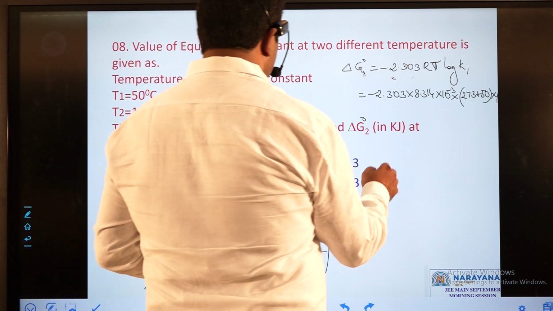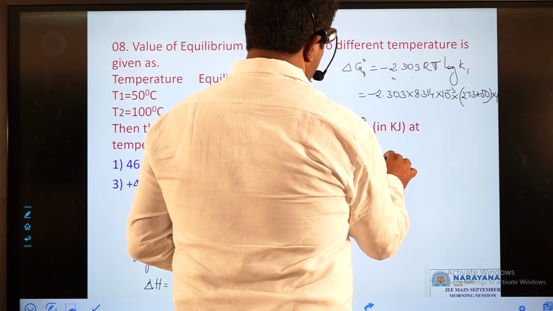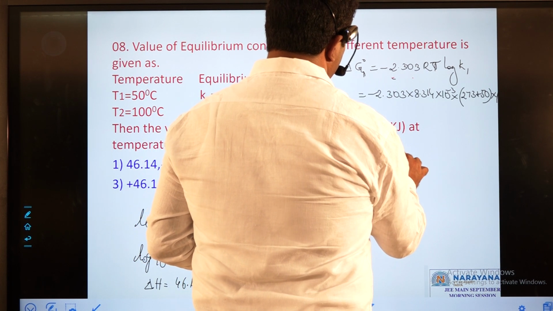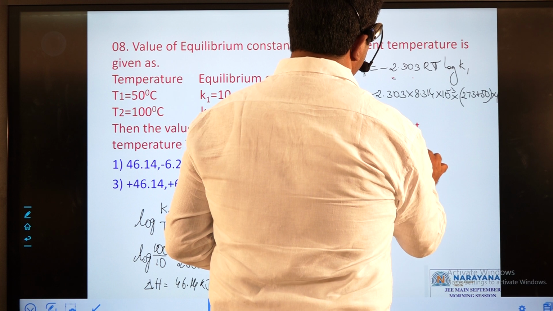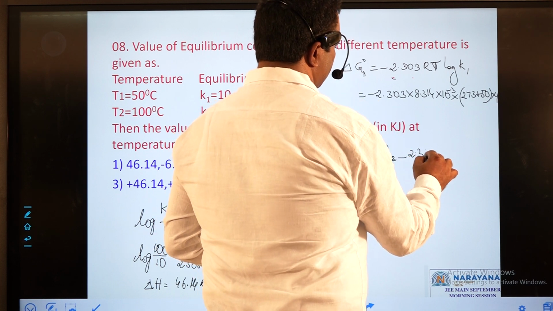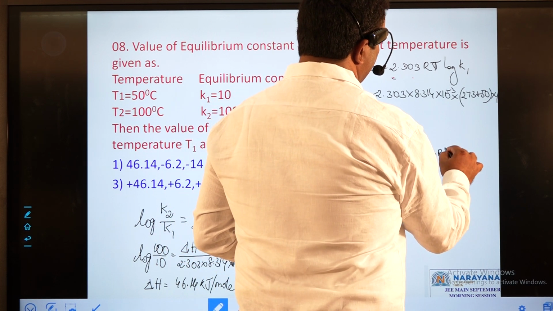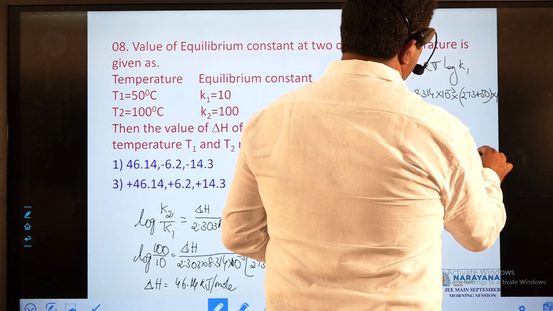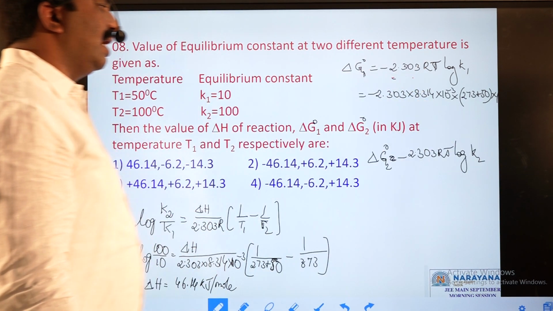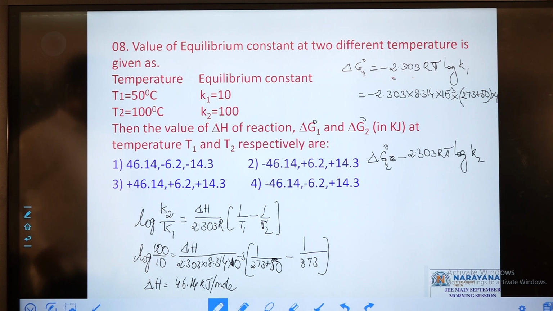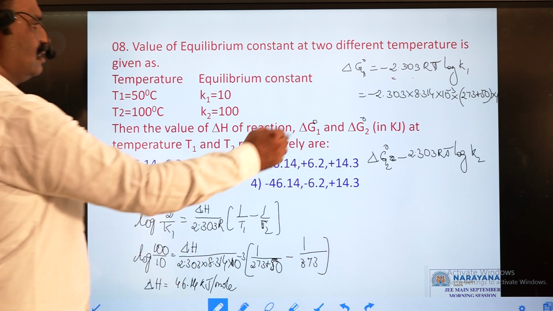Next, delta G2 naught is minus 2.303 RT log K2. Again, substituting the values, delta G2 naught is obtained. So we are getting a negative value.